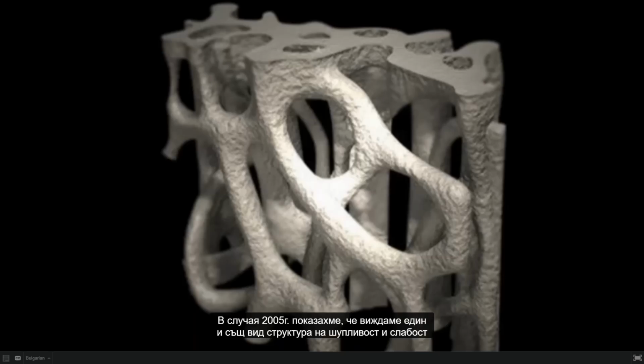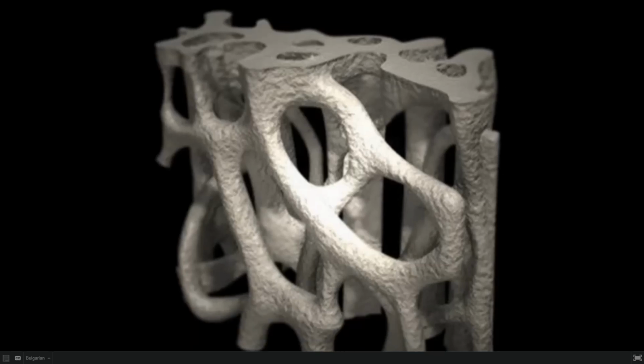In 2004, 2005, we have shown that we see the same kind of structure of the prostate and the weakness in the man when the prostate cancer goes into the hip. The same side of cavity, weakness of the hip appears itself to show.